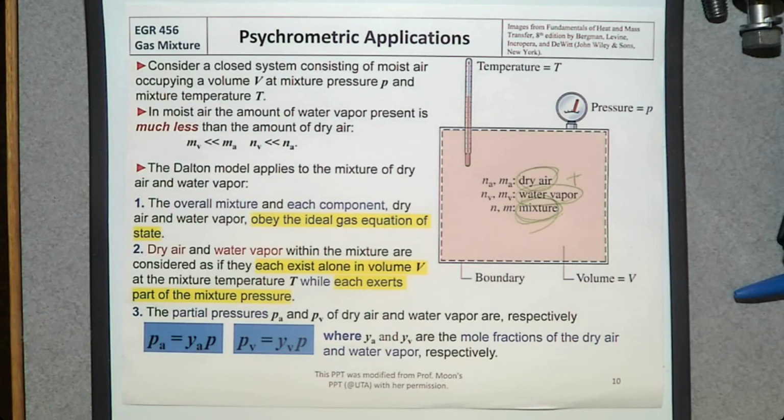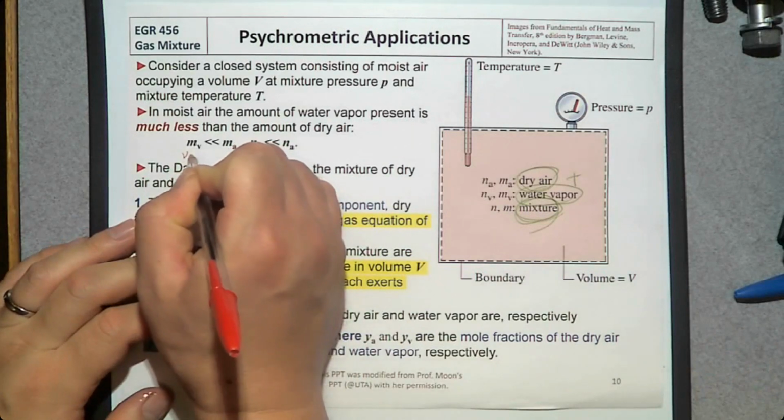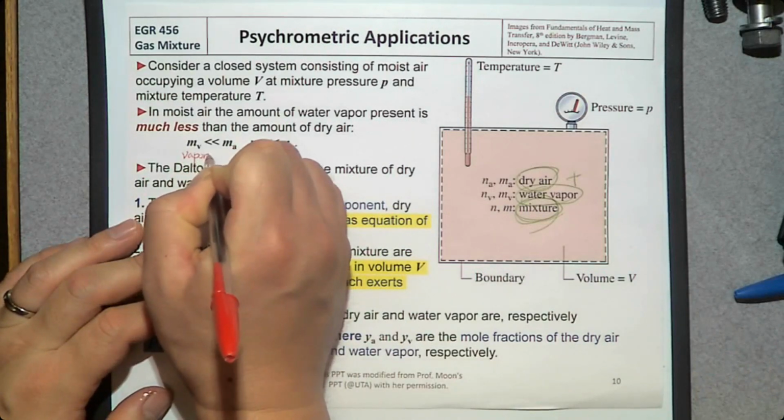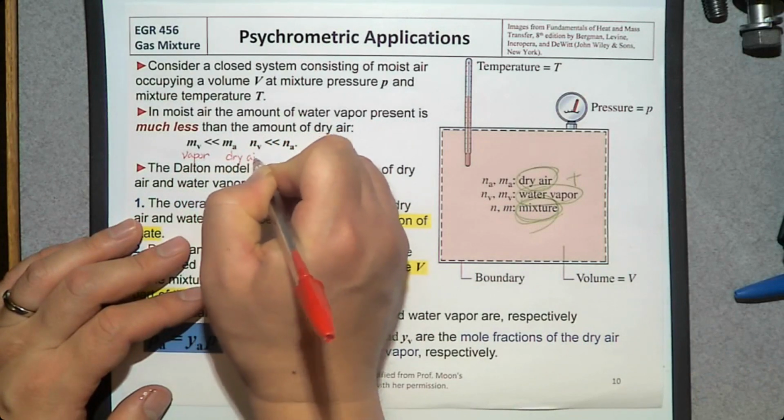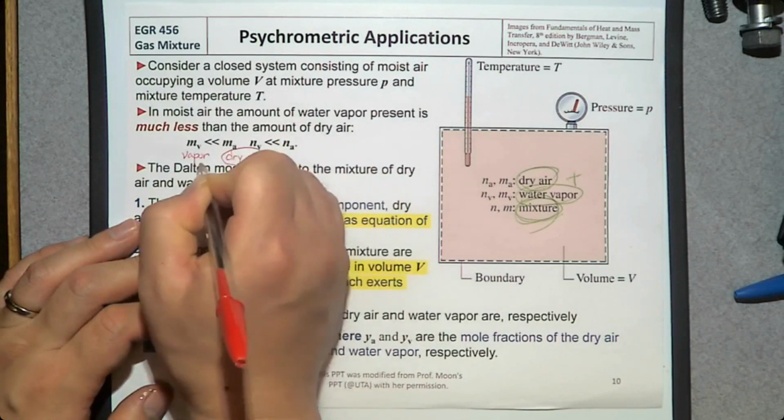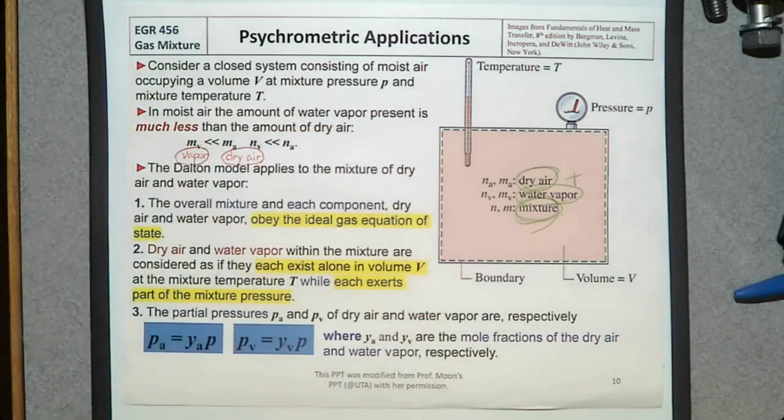So our assumption is that the mass of water vapor, m_v, where V means water vapor, is much less than the mass of dry air, m_a, where A means dry air.